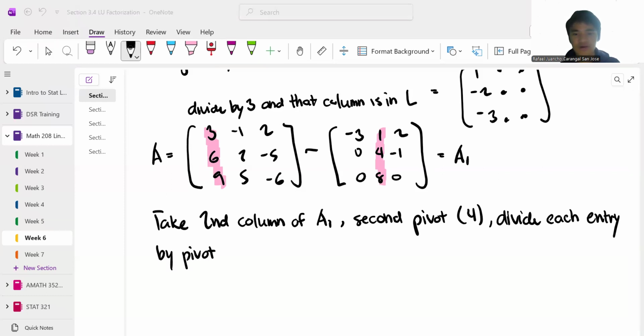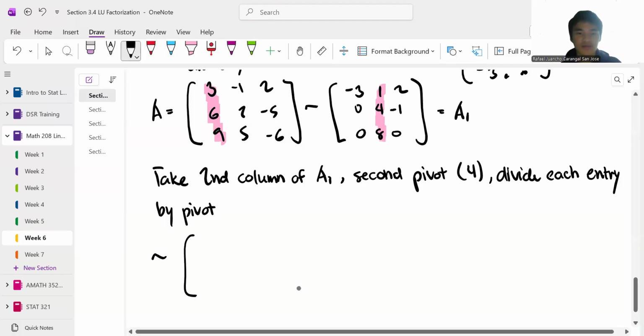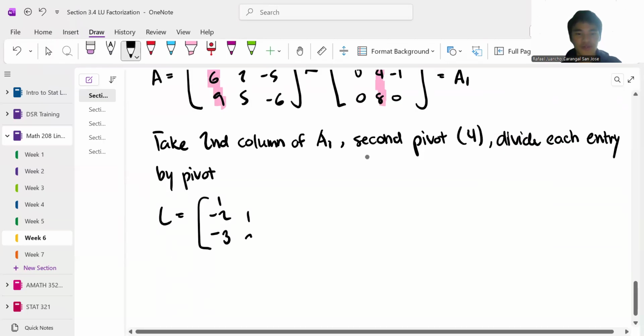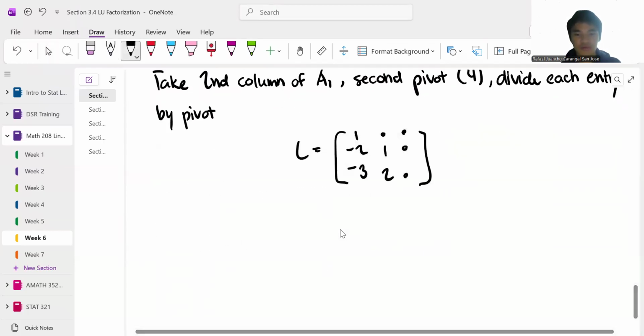Okay, so we actually divide this thing by a 4, divide this thing by a 4. And so that's going to look like, for our L, it's going to be 1. So we keep these. And then here we put a 1 and a 2. And we still have these on bar. And then we keep going.